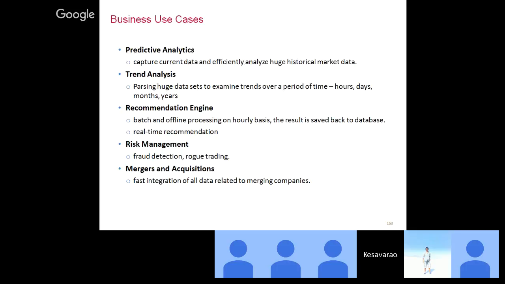And the trend analysis, which is to examine the trends over a period of time, month over month, year over year. Sometimes if it is real time, like every hour, or day by day. And the recommendation engine. This is what we did in Bank of America, my project at least.